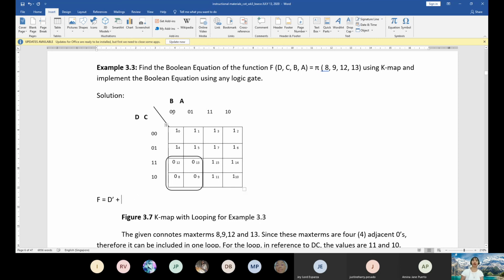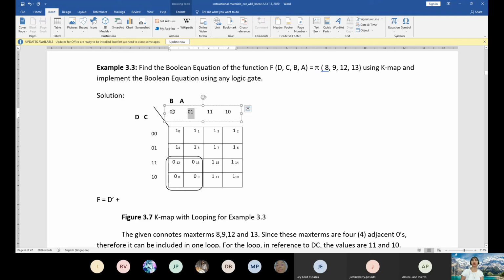For BA, we have two values for the black loop: 0, 0 and 0, 1. Then you compare A, 0, 1. What will happen to A? Eliminated. Okay, A is eliminated, whereas for B, it is 0, 0, so B. Okay, D prime plus B.